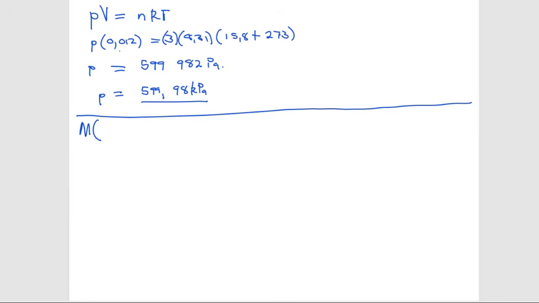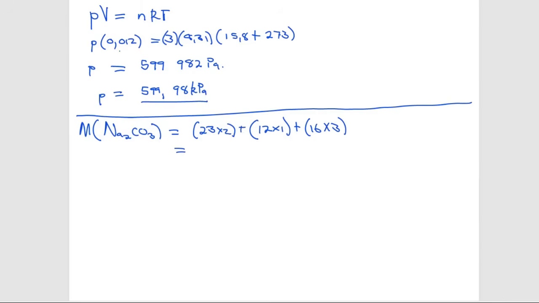sodium carbonate, Na2CO3. According to this, the mass for sodium is 23, and we have two sodiums, plus carbon 12, multiplied by only one carbon, plus oxygen 16, and we have three oxygens.